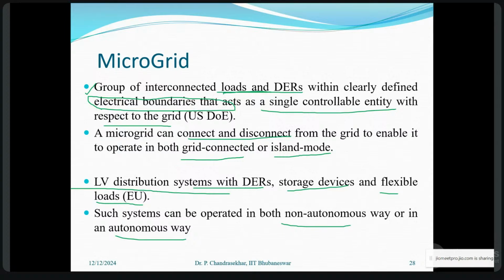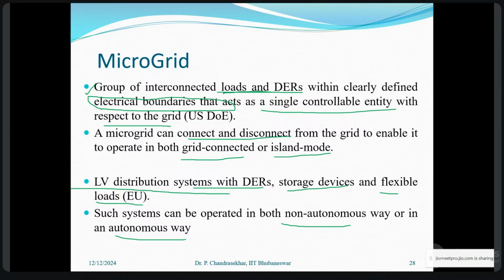However, once you are operating in the non-autonomous mode, the grid connection mode, if the grid frequency is 50.1, you have to maintain 50.1. If the grid frequency is 49.9, you have to maintain 49.9 only. Even though within the microgrid you have excess or sufficient generation, you cannot maintain any frequency other than the grid frequency, because you are in the non-autonomous mode.